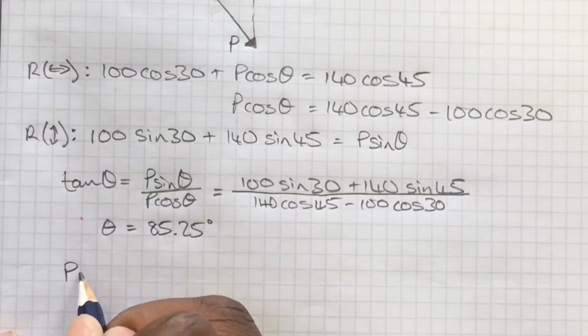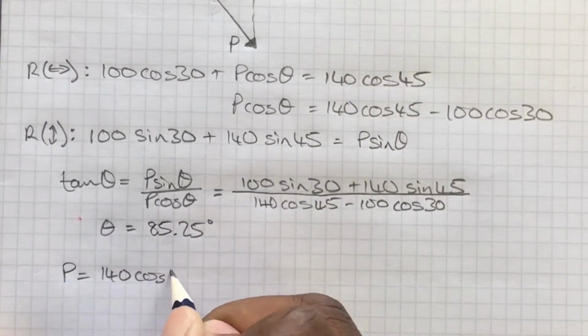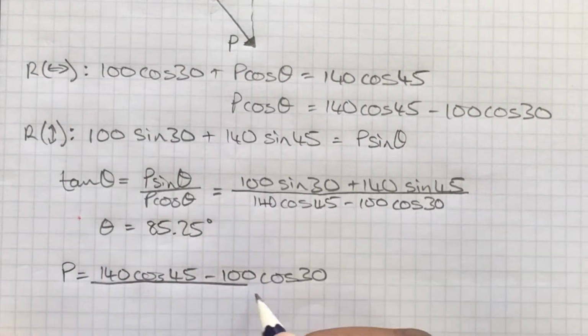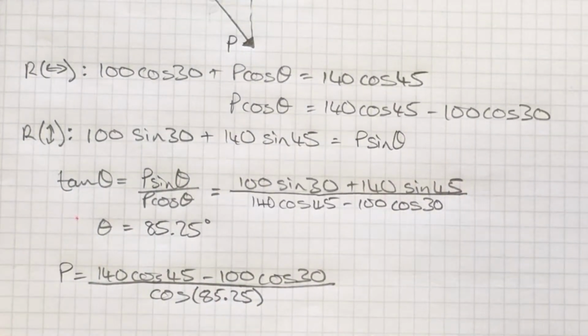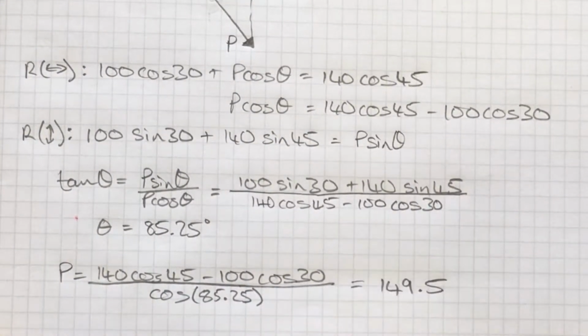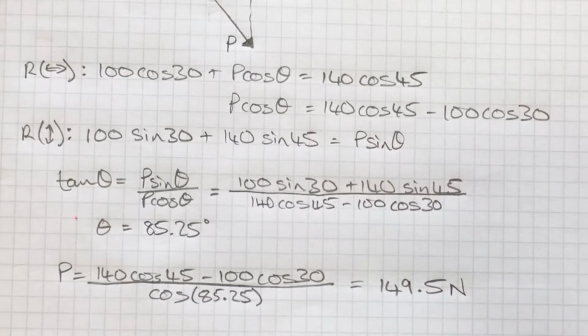We'll go for the p cosine theta. To find p, I'll just divide the right-hand side by cosine of the angle we've just found, and that gives us a p-value of 149.5 newtons. So once again, we've used our strategy of resolving vertically and horizontally to find unknown angles and unknown forces.